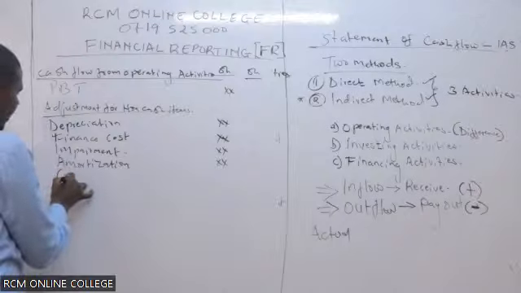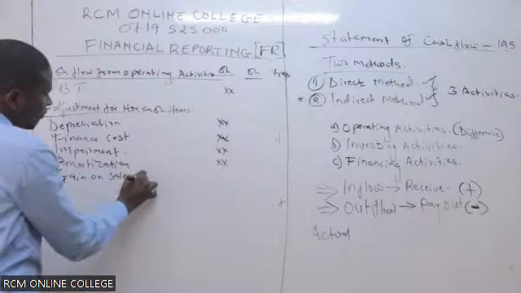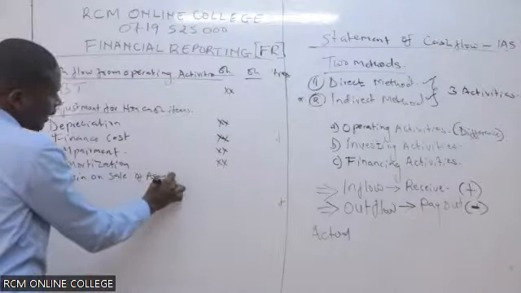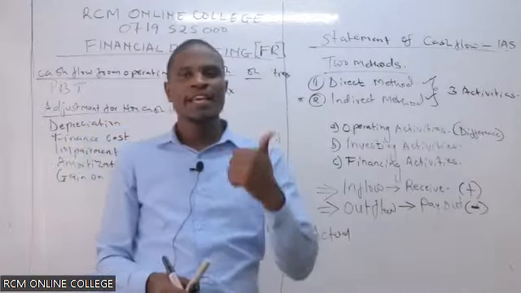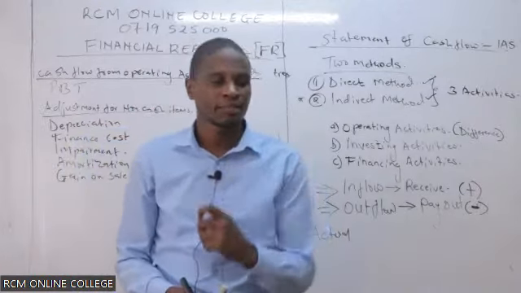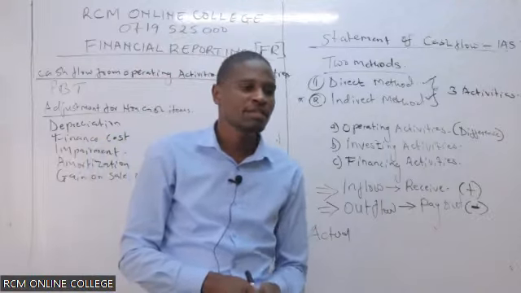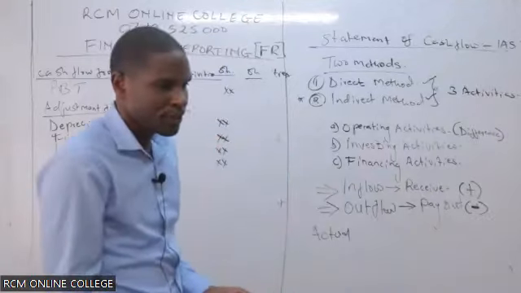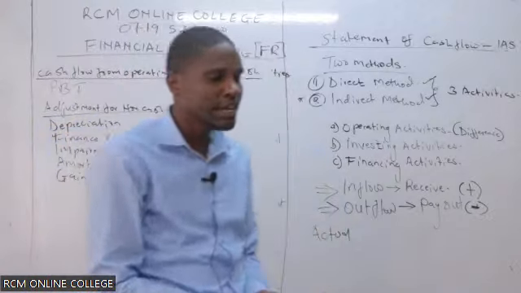Then we have gain on sale of asset. Somebody to tell me what happened to the gain. Is gain treated as an income or an expense in the income statement? It is an income.